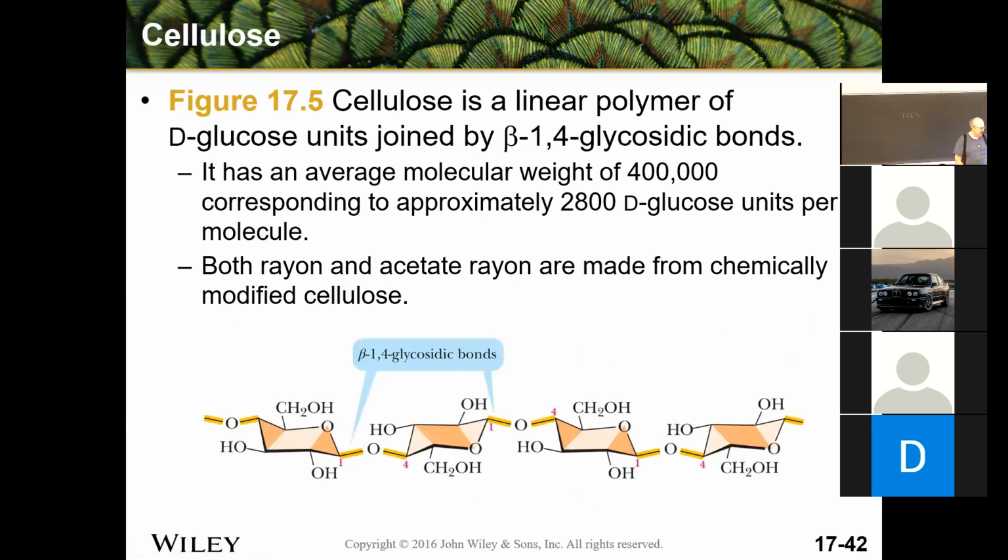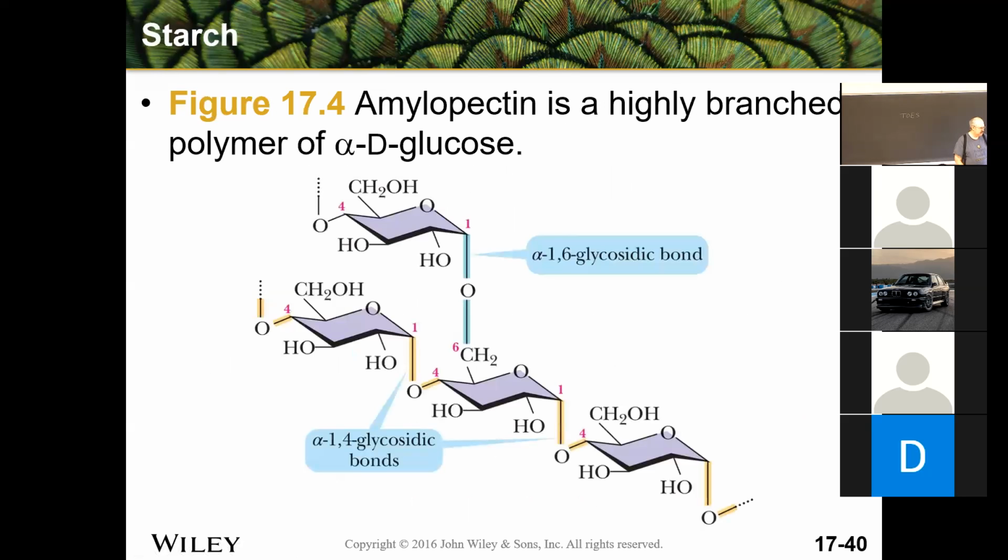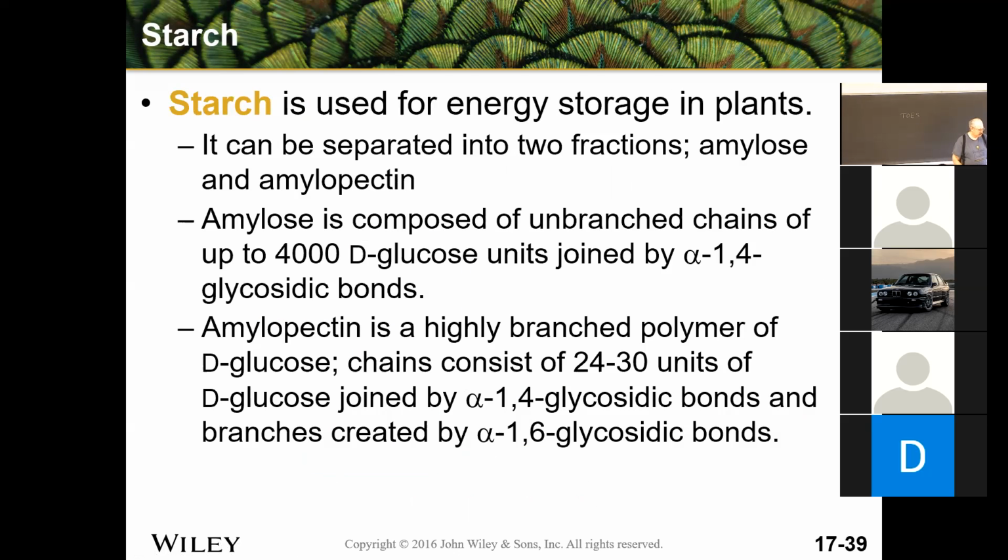Might mention one other difference between starch and cellulose. Okay, starch is the energy storage molecule in plants, and using the enzyme amylase, starch can be broken down into glucose and utilized for energy.